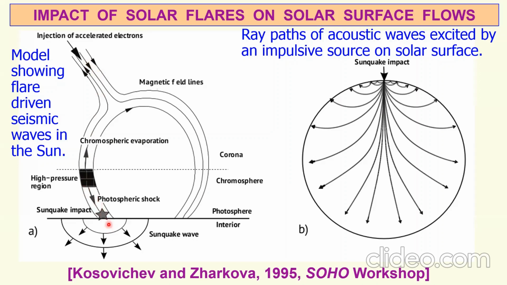And once this shock is there, from the shock point, sun-quake waves are excited, which can be seen here in the model, the ray path of acoustic waves excited by an impulsive source on the solar surface.